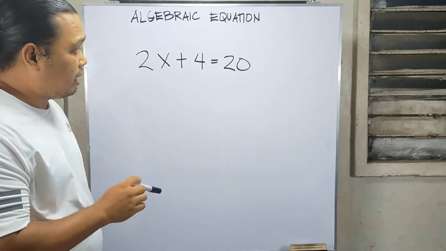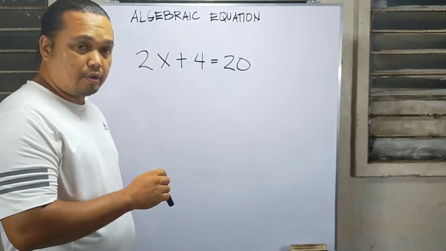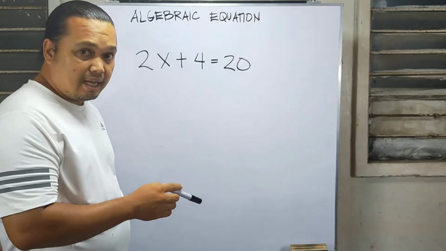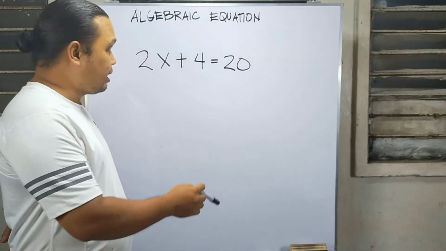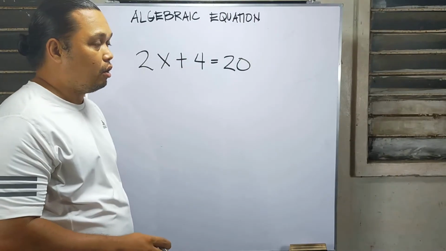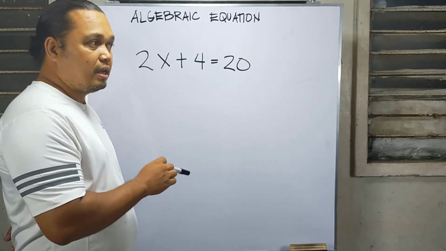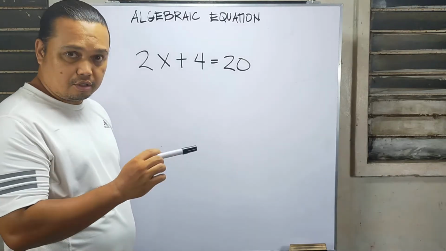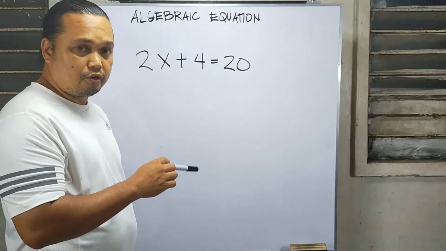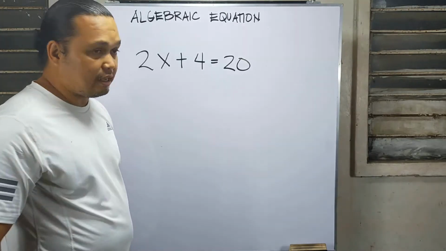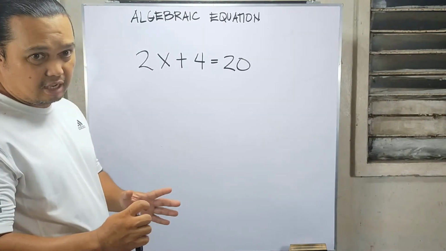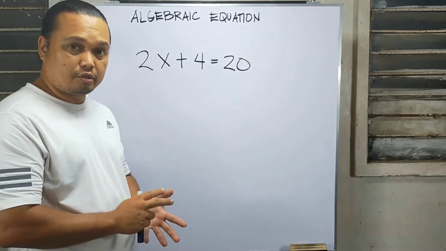Now, in this lesson for today, we are going to learn how to name an algebraic equation, how to interpret an algebraic equation into a word phrase, or how to interpret a word phrase into an algebraic equation. Let's just have examples for each.